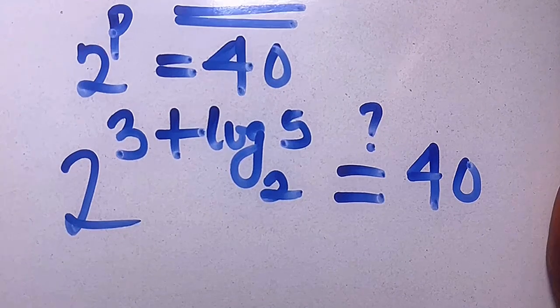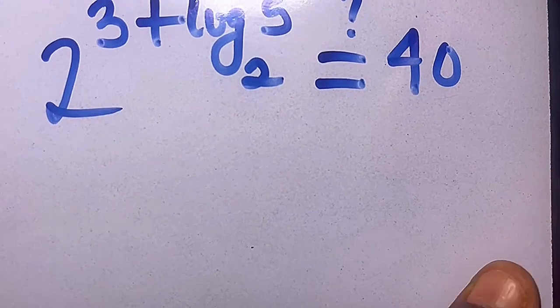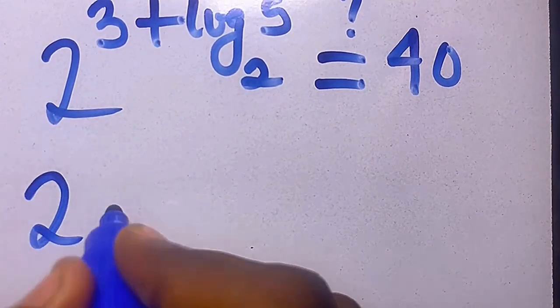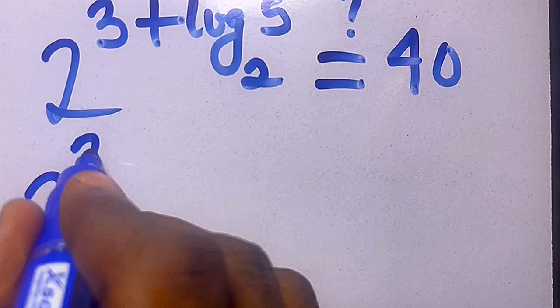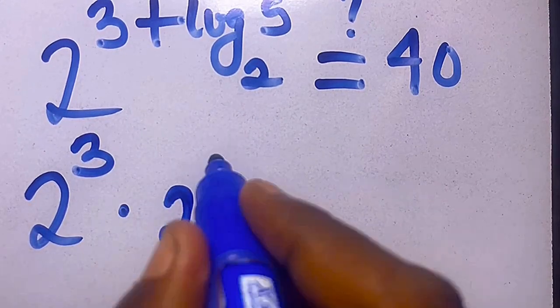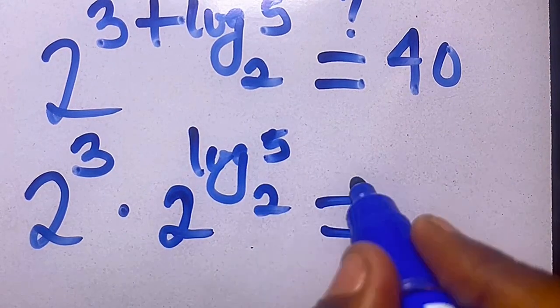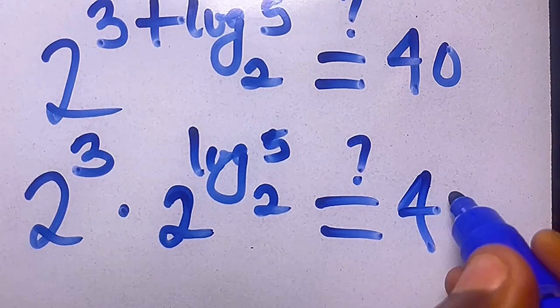From the law of indices, when numbers with equal base are multiplied, their powers are added. So let's make it look like this: 2 raised to power 3 times 2 raised to power log 5 in base 2. We want to check if this equals 40.